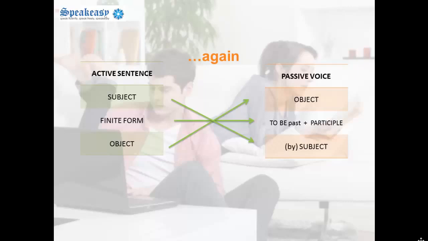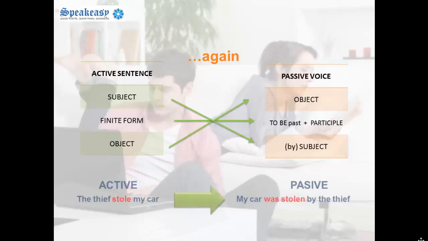And you can see quite clearly that the object is moved from the end of the sentence to the beginning. The verb stays in the middle but changes form, and the subject is moved to the end or left out entirely. So the thief stole my car becomes my car was stolen by the thief.